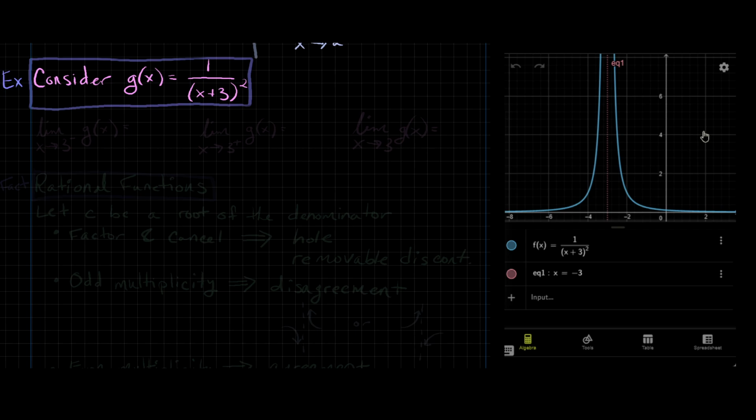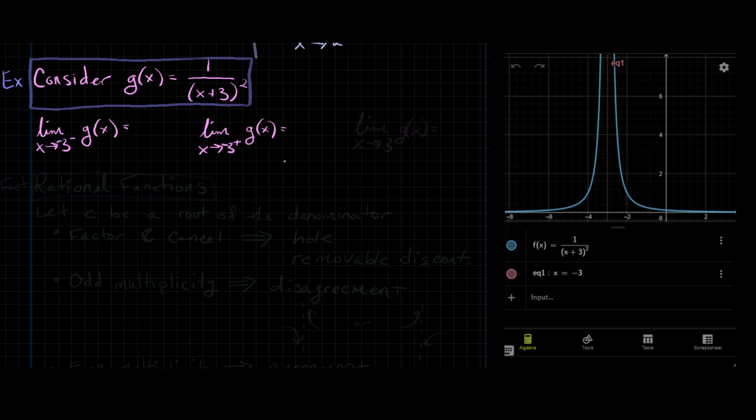A little bit different behavior than what we had before. What are the one side and two side, or the left side and right side limit of these? And this is definitely supposed to be a negative 3 there.